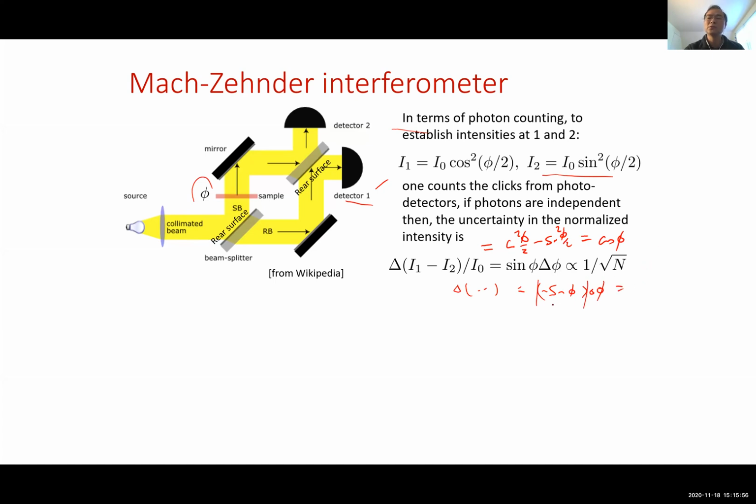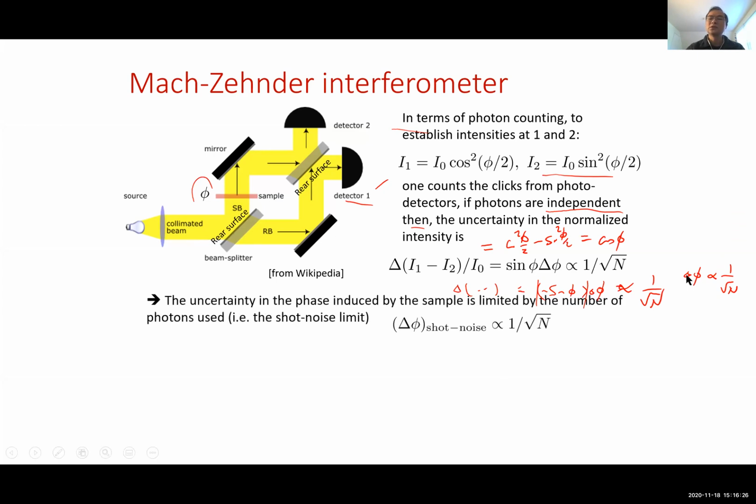Because the photons come independently, we know that such uncertainty would be like a random walk, which will have a 1 over square root n. So we see that delta phi is proportional to 1 over square root n.